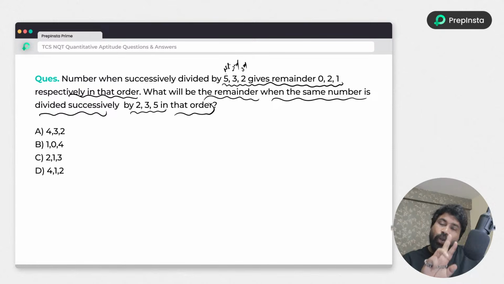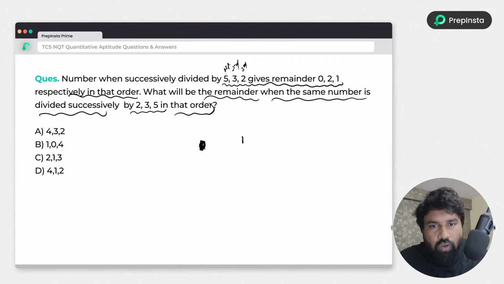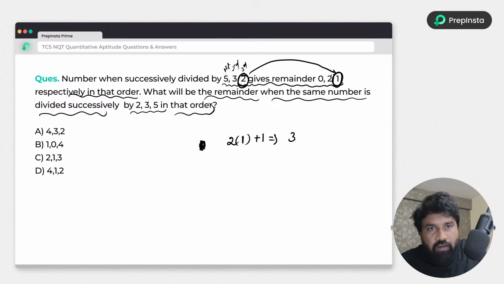Do it in reverse direction. Imagine the number is k. I don't treat it as k. I will take it as the quotient 1. So 1 into 2, and what is the remainder? 1 plus 1, which is equal to 3. See, 3 is divided by 2 and gives you the remainder 1. Perfect, right?